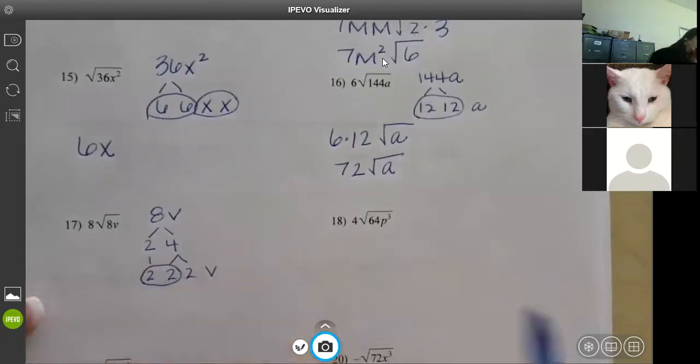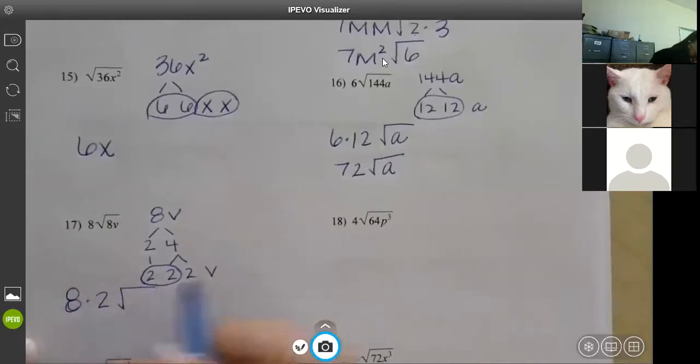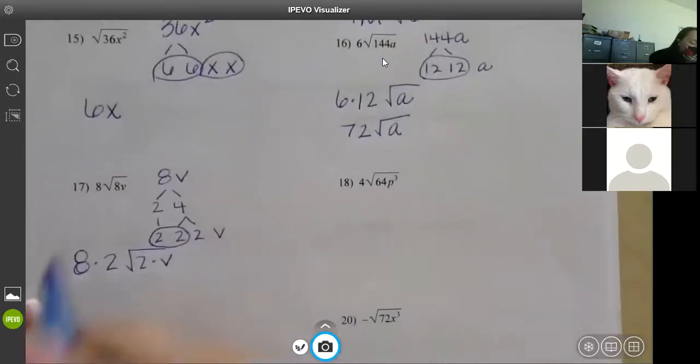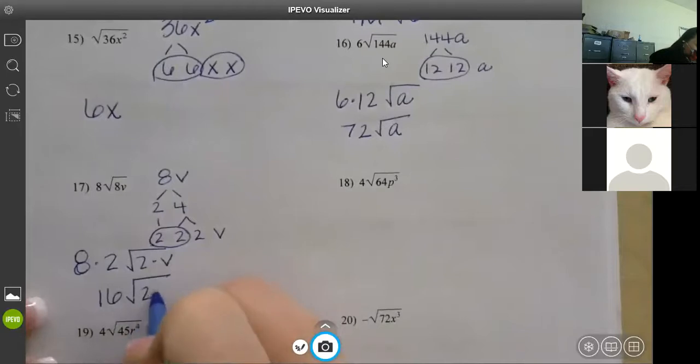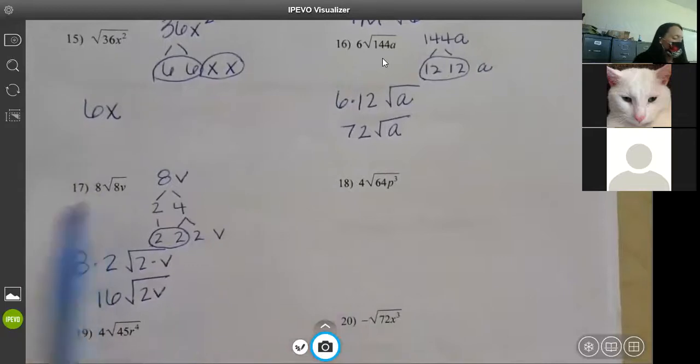A pair of 2's. What did I already have outside though? 8 times 2. Underneath, I'm going to have a 2 and a v. So you are right, 8 times 2 is 16. Underneath, I just squish them together, 2v. Don't make it harder, and don't forget the number on the outside, okay? That's the biggest mistake I see, is that people forget about the number on the outside.